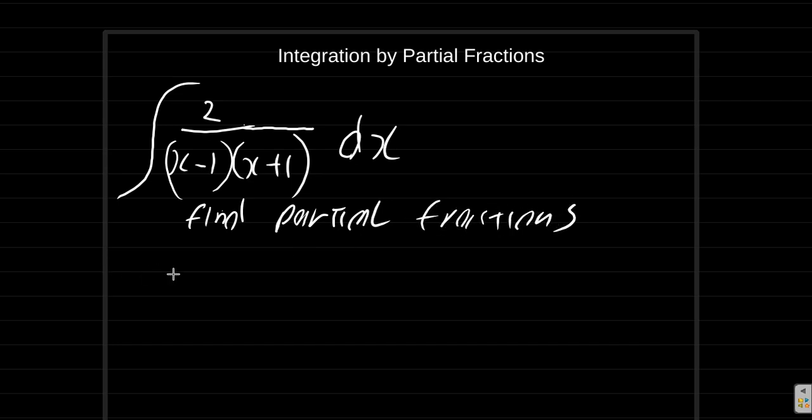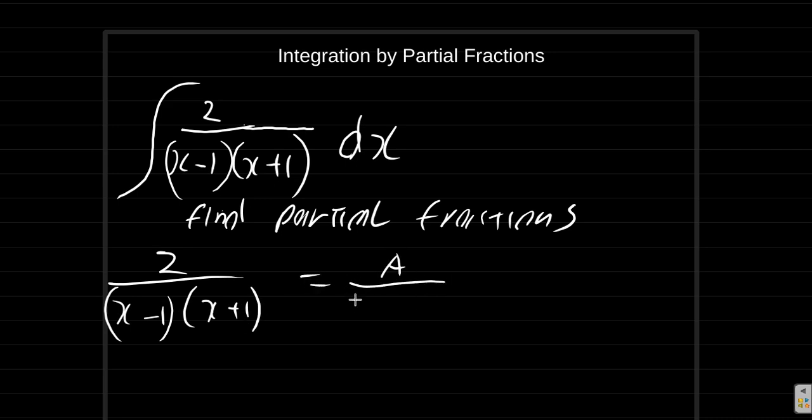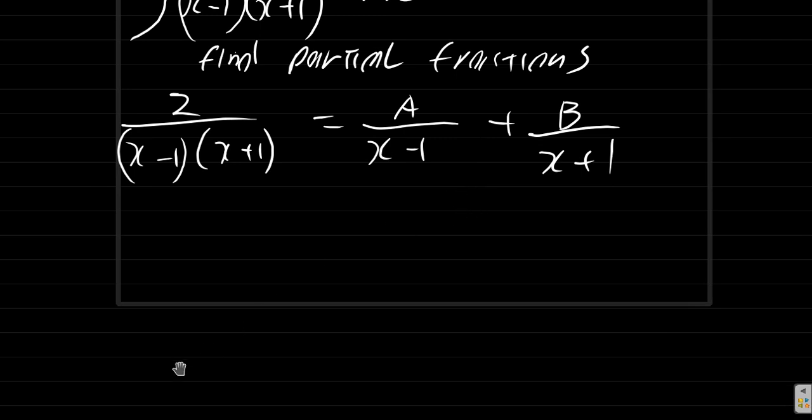We're going to write it in partial fractions. So 2 over (x minus 1)(x plus 1) is going to be, the format is going to be, a over x minus 1 plus b over x plus 1. Alright? That's what we're going to do.